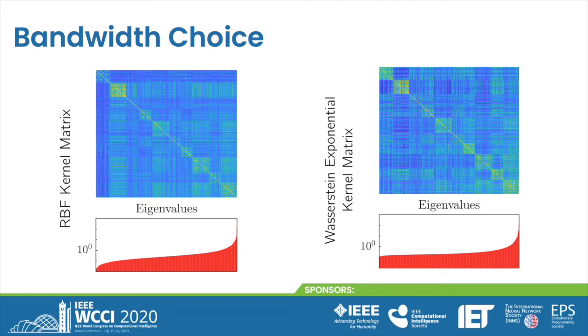And you can already see visually that the Wasserstein exponential kernel matrix may contain, only visually at least, more information than the RBF kernel. And you can also see that our bandwidth choice leads to only positive eigenvalues. So it seems to lie in this interval that we have theorized the existence of in the previous proposition.